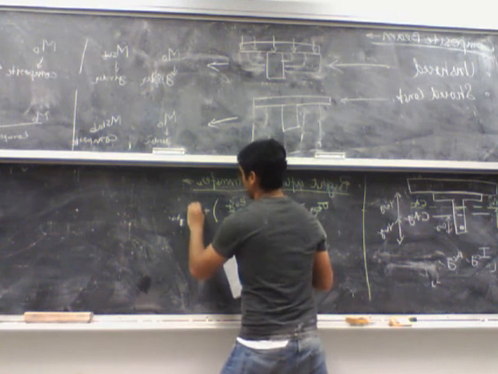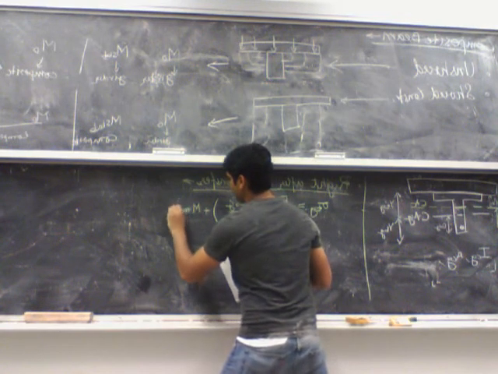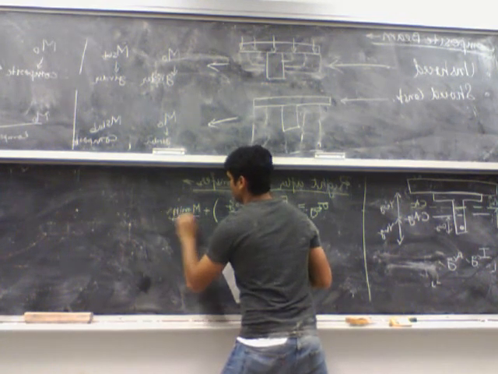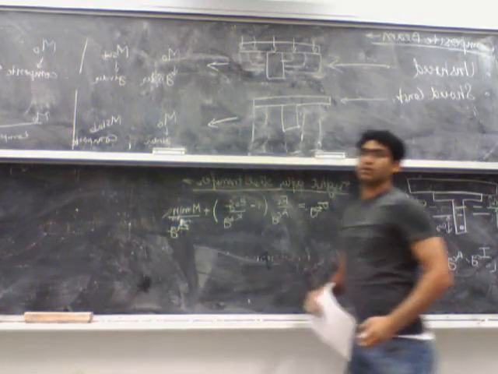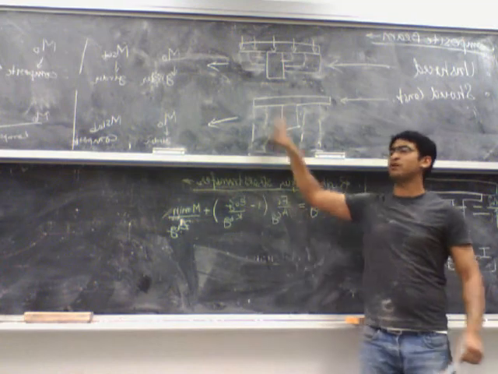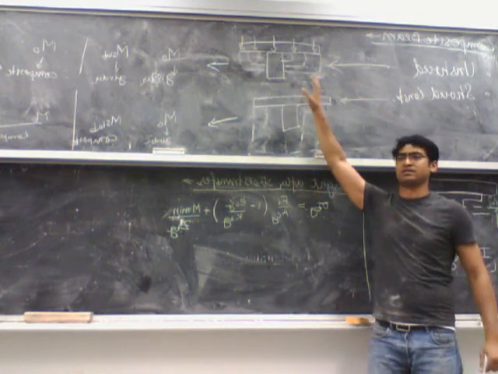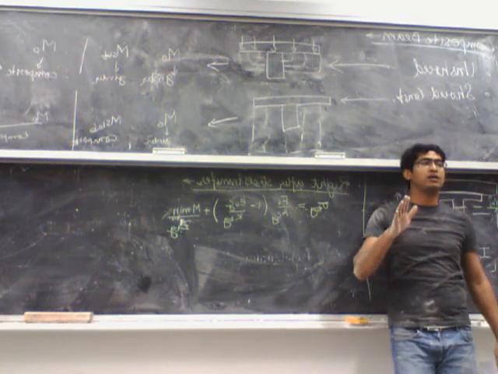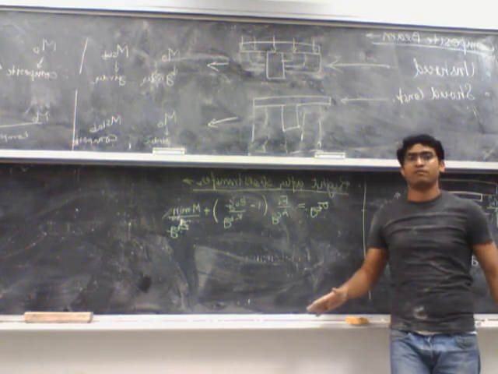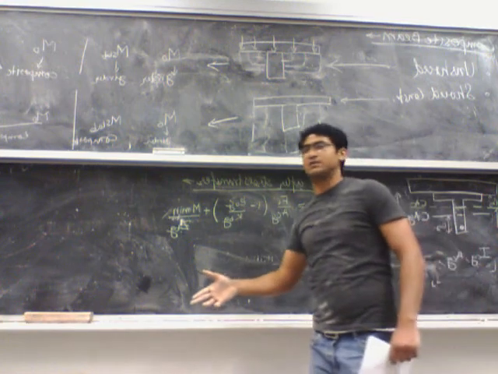This is top, so M min divided by ZTG. Since I only have the girder, you don't even have to worry about the composite section or the slab, because you haven't poured the slab on top of it yet, because this is right after you cut the strands.